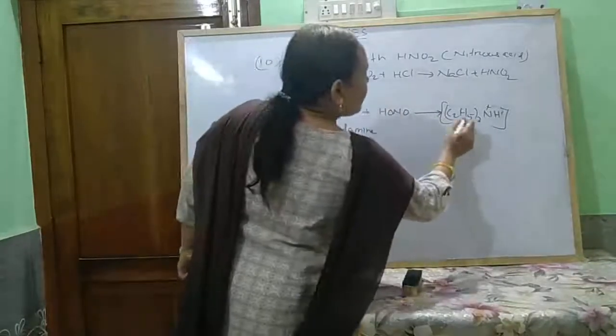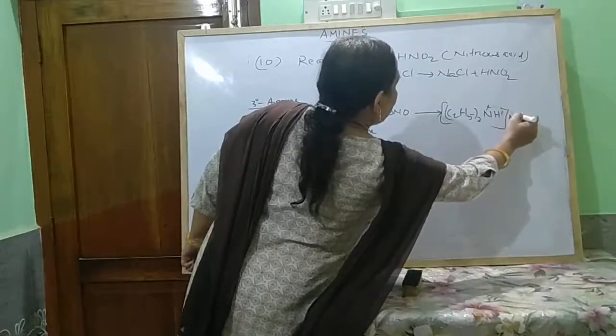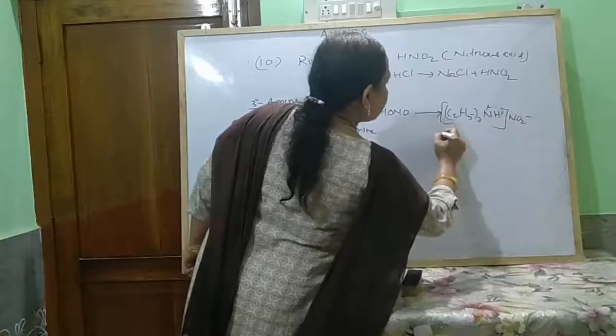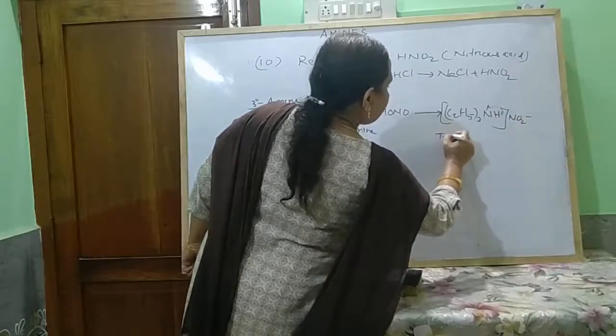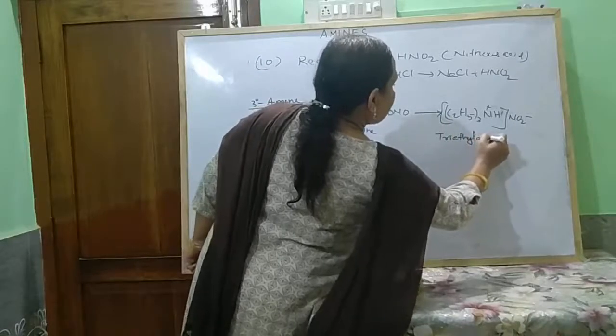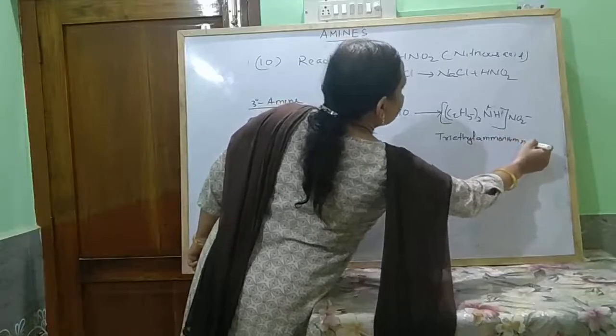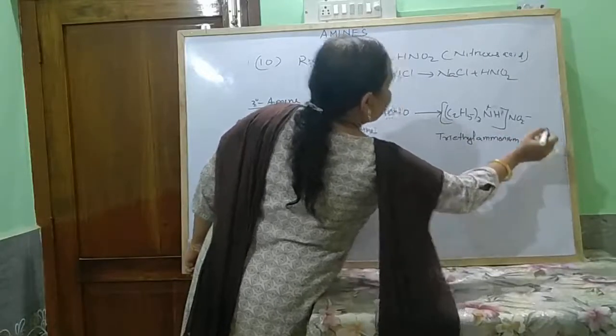So (C2H5)3NH and NO2 minus, that is triethylammonium nitrite.